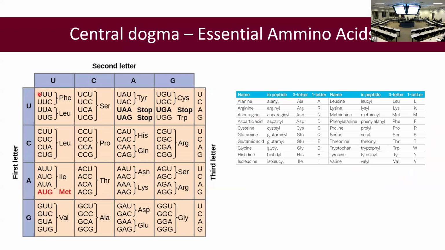And how this works is that every 3 letters of the messenger RNA is called a codon. Those 3 letters, we can pair as our first letter, our second letter, and our third letter, to follow this table and decode every single amino acid that we are calling in our DNA and RNA.